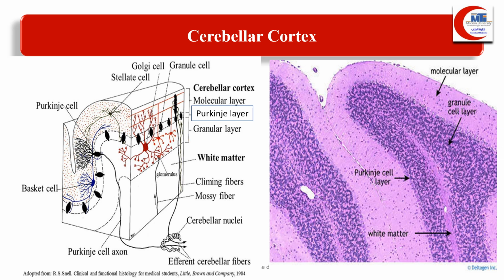The most superficial one, which is pale in color, is called molecular layer. The darkly stained layer is called granular layer. The zone which is present between molecular layer and the granular cell layer is called Purkinje cell layer. And you can notice that the deeper part is white matter.